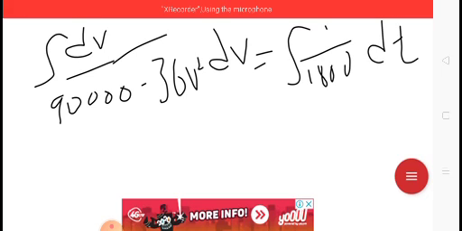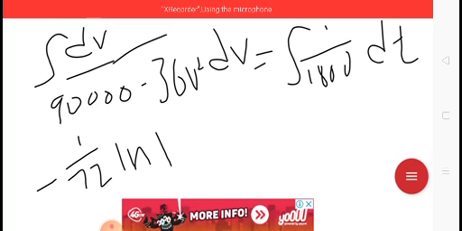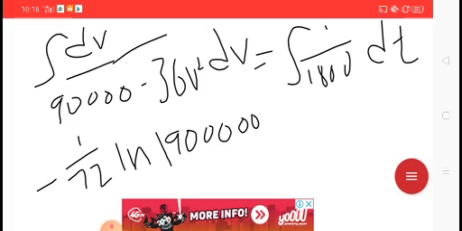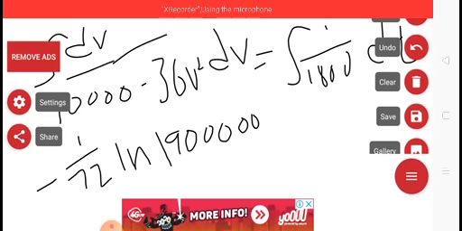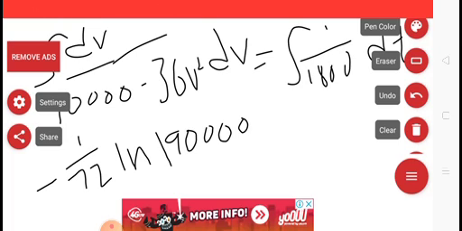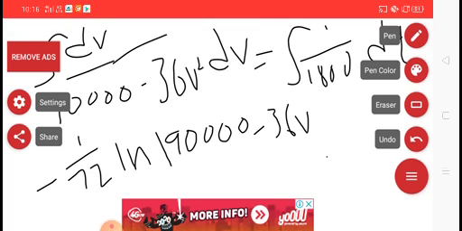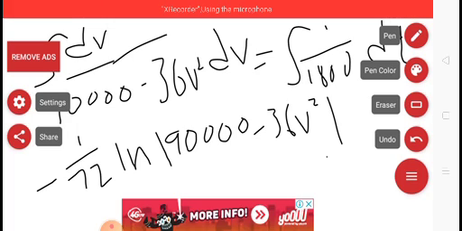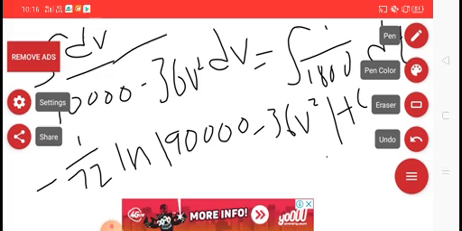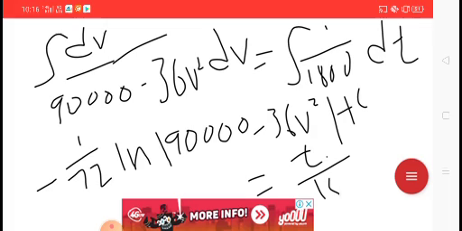If you proceed to calculate this by using integration skills, you may get negative 1 over 72 ln(90,000 minus 36V squared) plus c is equal to t over 1800.